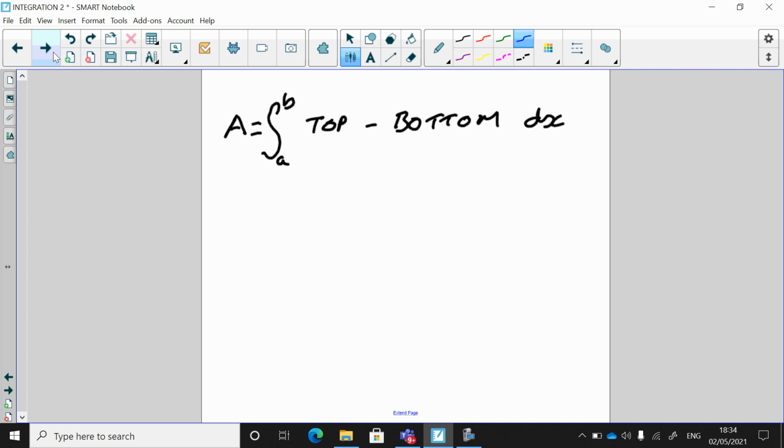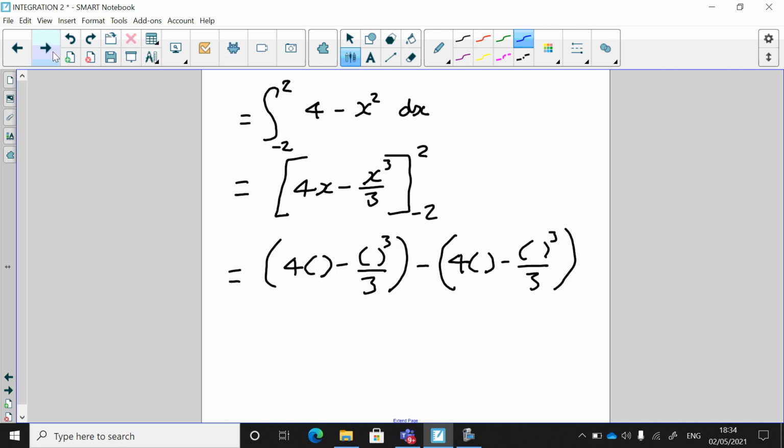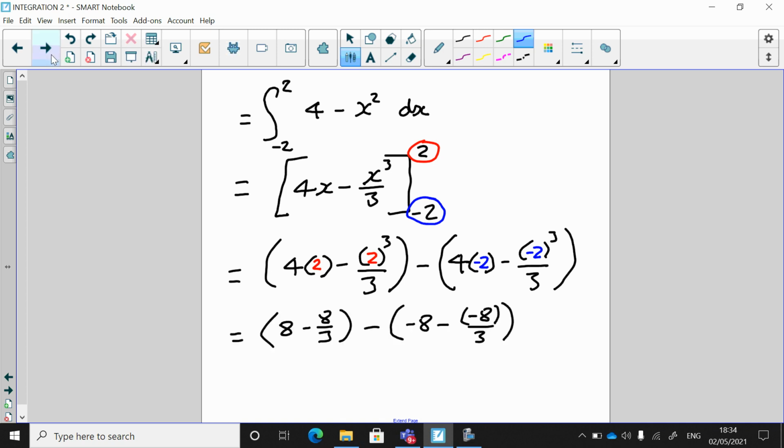Right, so I've put the limits in and am evaluating. 4 times 2 is 8, 2 cubed is 8, over 3, just leave it like that.